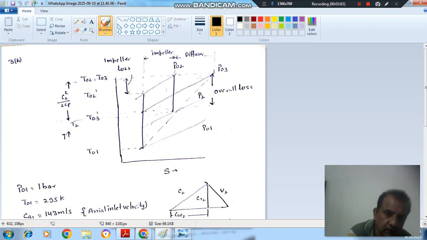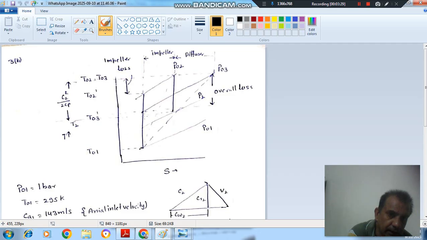So this is a non-isentropic process. If an isentropic process had occurred, and the final pressure had been kept the same, that is P03, then the stagnation temperature after the process would have been T03 dash. So this is the isentropic process.